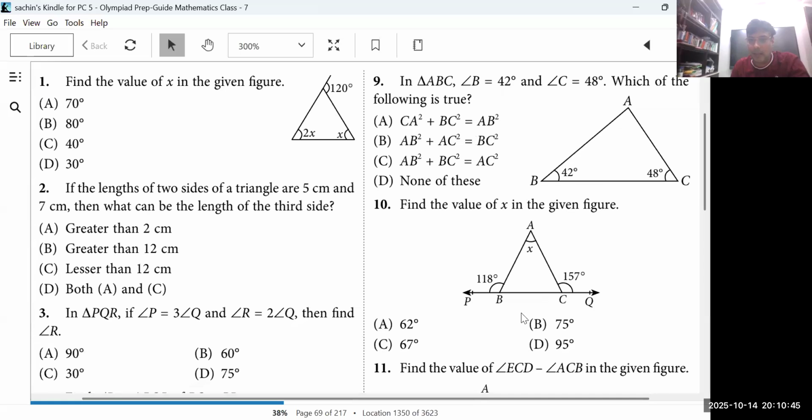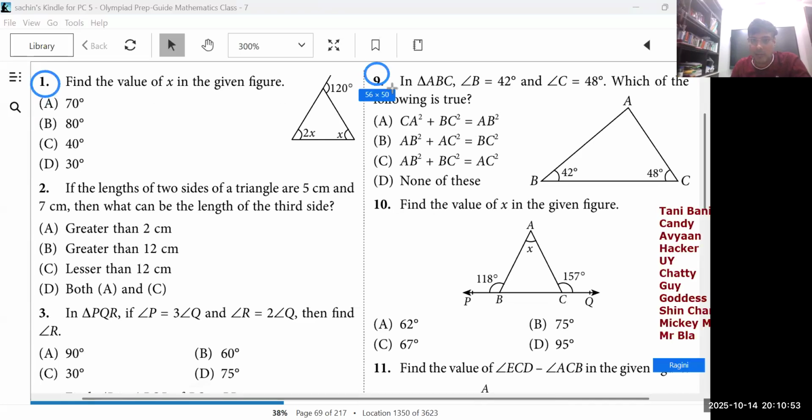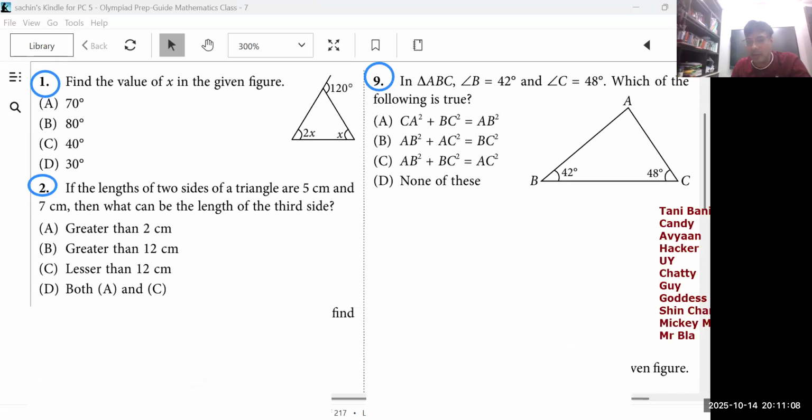I'll make you practice a little bit from the prep guide. Question number 1, question number 9, question number 2. So those kids who were absent in the previous class might not be able to do question 2. So this is about triangle inequality.